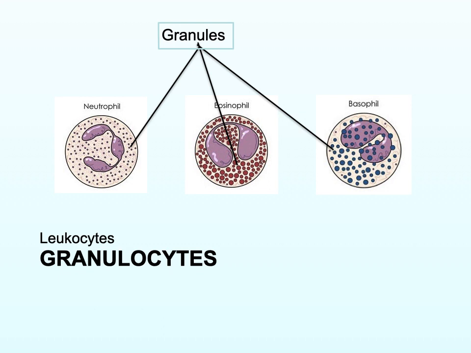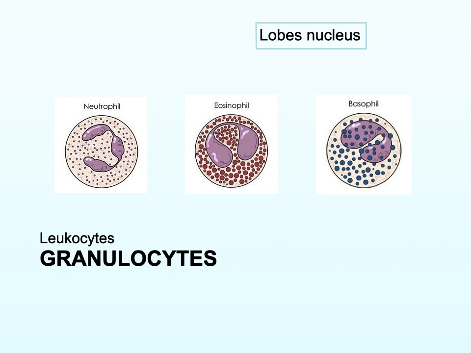These granules take up stain differently and can be seen by different color here. So look also at the nucleus. All three have lobed nuclei.